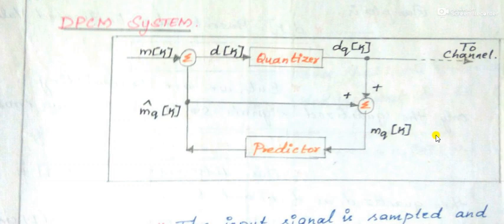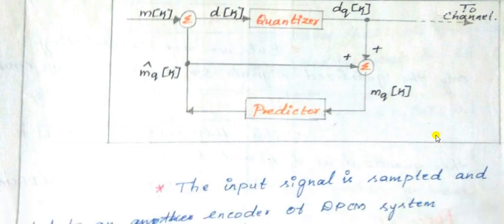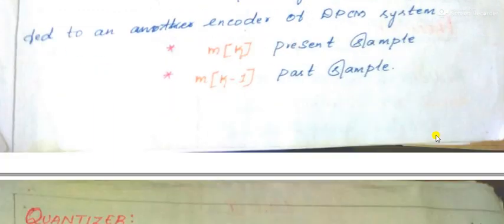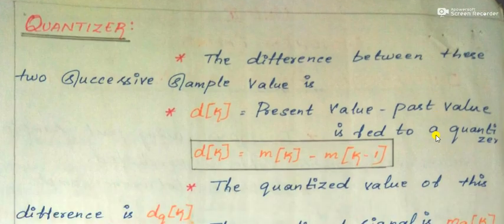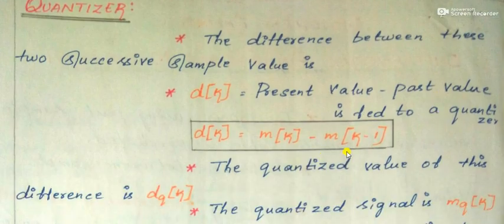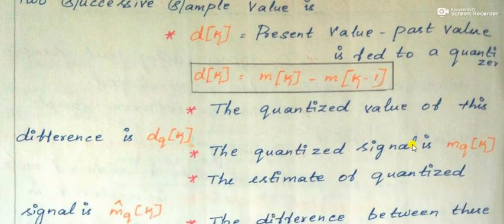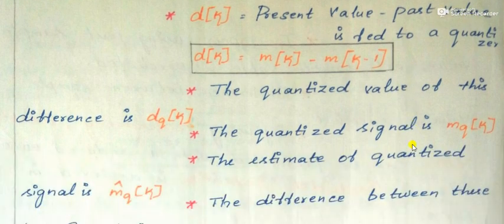That is step number 1. So d of k, this is equation number 1: present sample value m of k and the past sample value m of k minus 1.